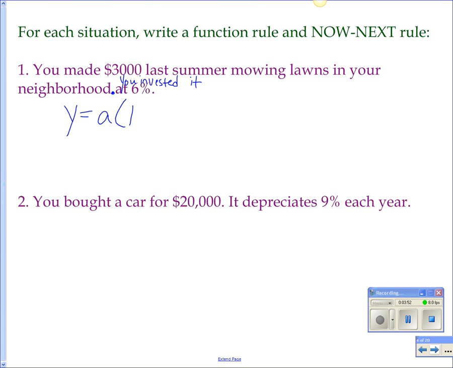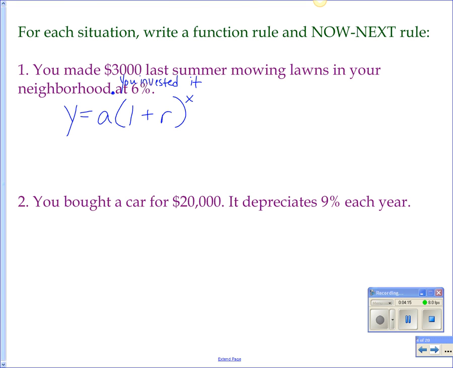And we have to decide if we should put a plus sign or a minus sign. Plus. When you invest money, in this case it's going up, so 1 plus R to the X. Okay, so this is the formula we're going to use. So write that formula down, please. Okay?